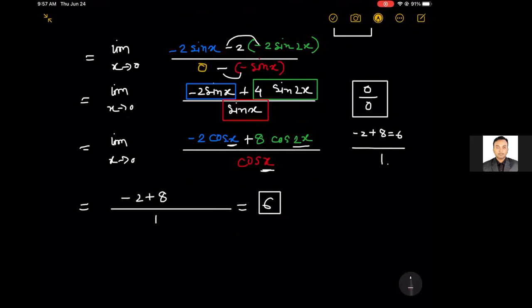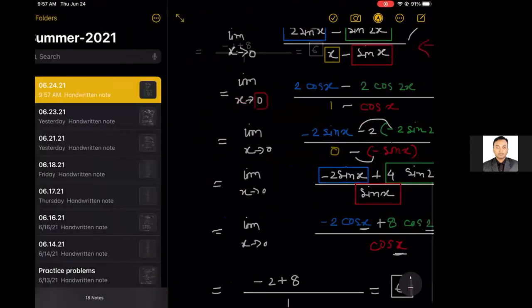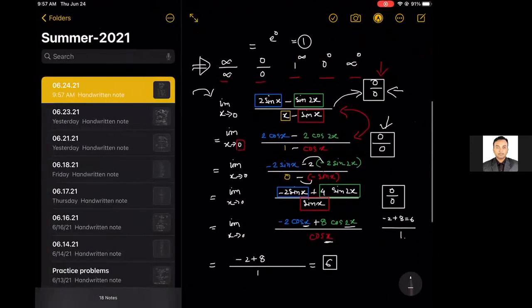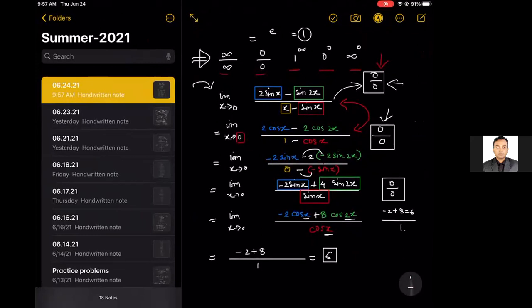Let me show the problem all together. Yeah, there you go. When we started, it looked like we had an indeterminate form, an undefined format. We can't really determine this. But after using the L'Hopital rule 3 times, we finally have a very good result.